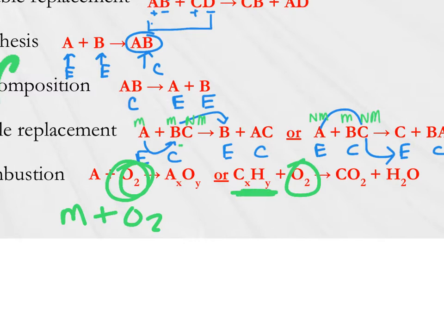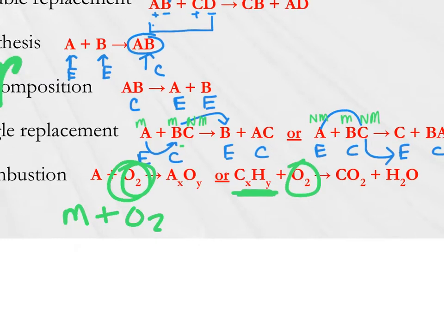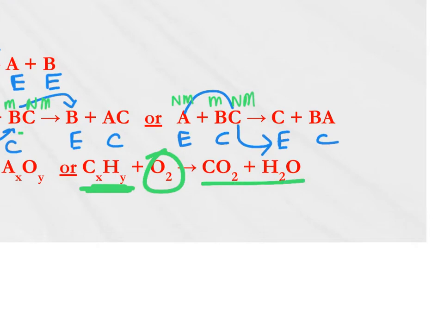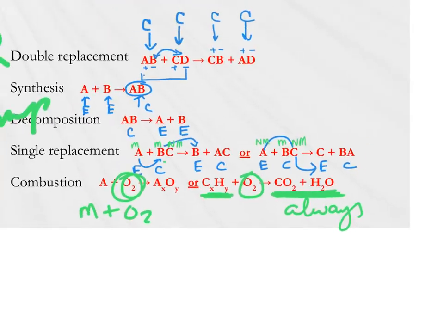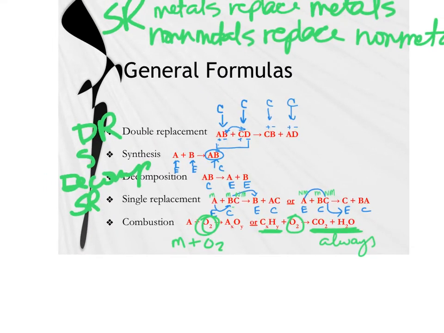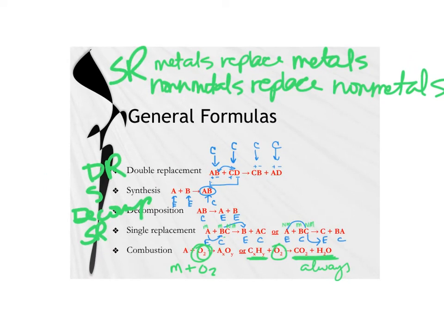So this is some carbon, hydrogen, oxygen compound. This one's the easiest to predict the products because it's always, always, always carbon dioxide and water. It's super easy to remember. No excuse for missing that one unless you can't balance. That's just the general formulas.